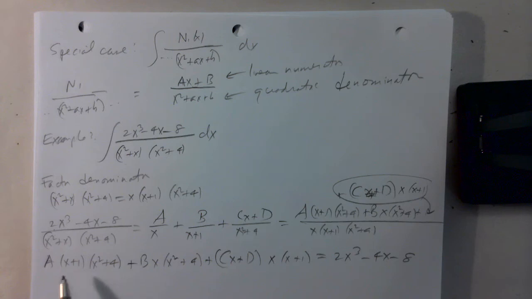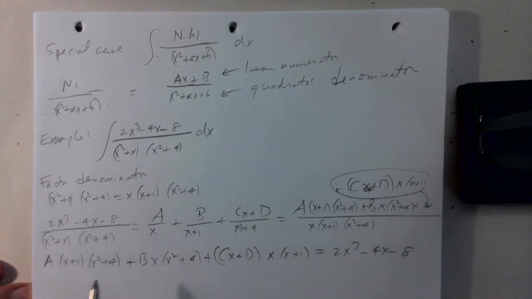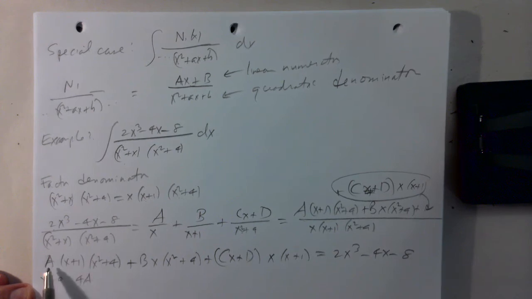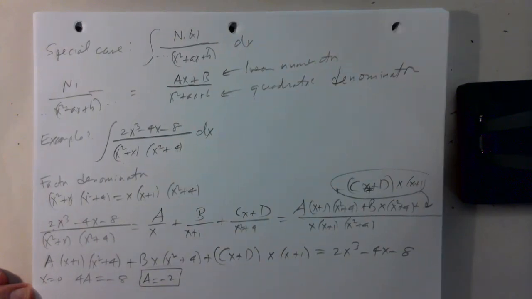So we could, again, expand this. We get a cubic equal to a cubic and equate the coefficients. But again, it might be a little bit quicker, at least for some of the coefficients, to choose good values for x. Like if we let x equal 0, here we get 4a, a times 1 times 4. The other terms are 0. Equals minus 8. So right away we get a is negative 2.